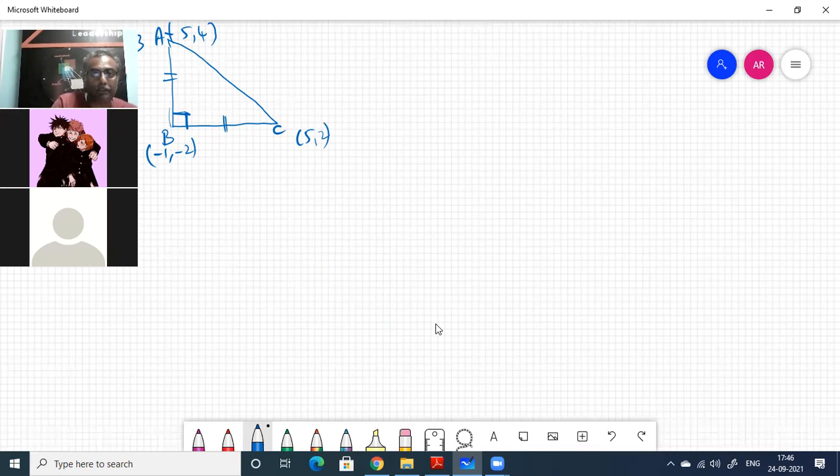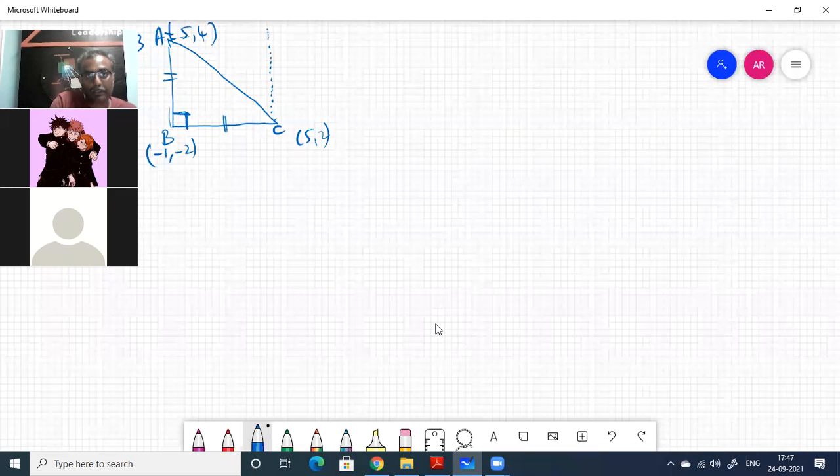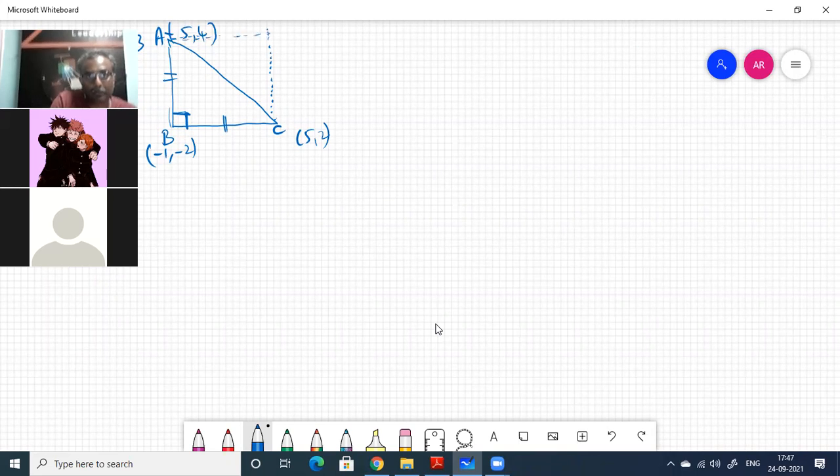Now he is telling you should extend this like that, and you should extend this like that. And this is the point D, x4, y4. Find what the coordinates are such that ABCD is a square. How to do this?